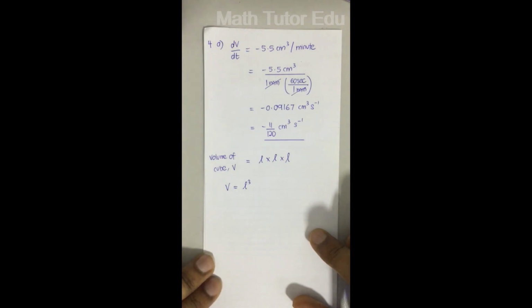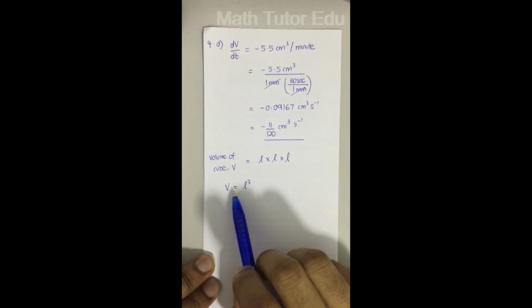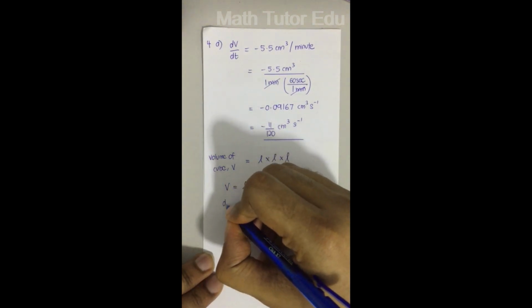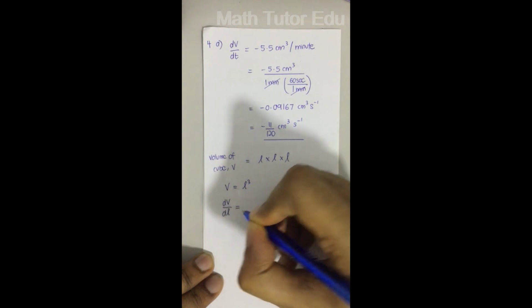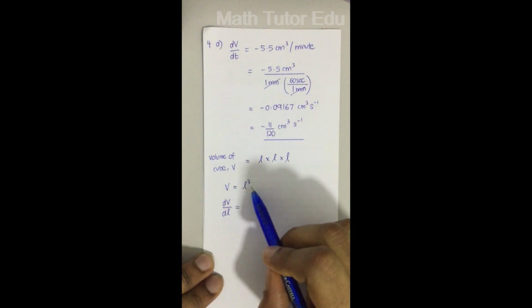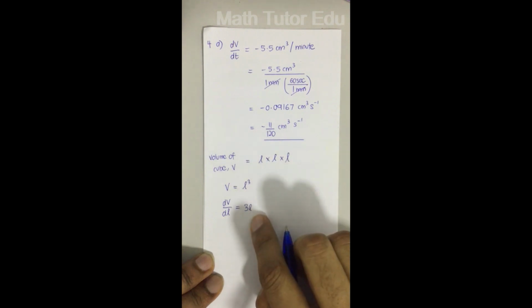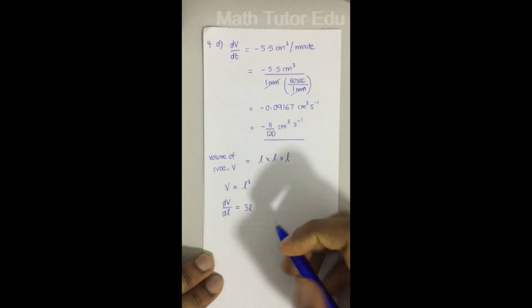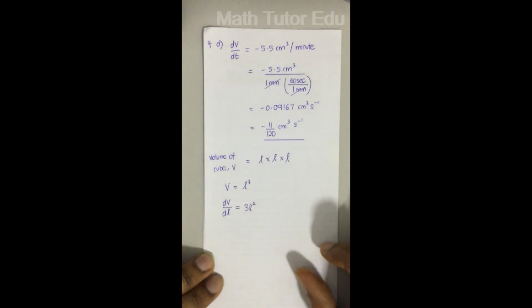For the next step, we are going to differentiate dV with respect to dL. We bring the 3 to the front, the L remains the same, and the power 3 we minus 1. So you get 3L square.